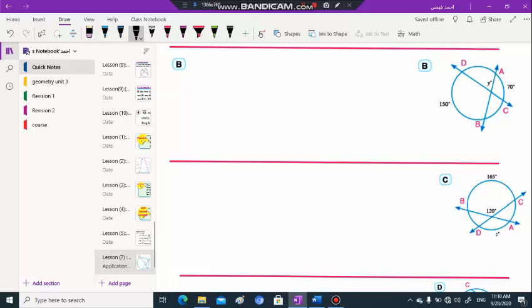Another example. We have two straight lines, AB and CD, that intersect at point E. This angle is X, and we want to find the value of X. Therefore, X equals the measure of arc DB plus the measure of arc AC, divided by 2.